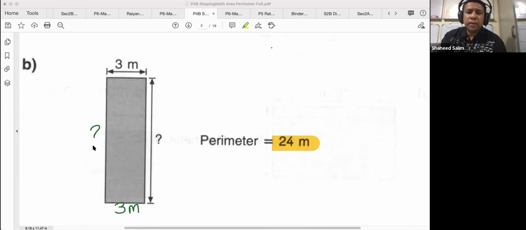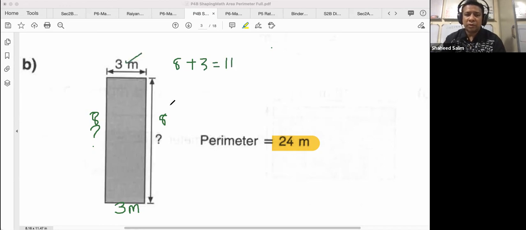Okay, Putra says it's 8. Is he correct? Let's see whether he's correct now. He says 8. I'm going to write 8 down here because he said both of these are 8. I will add them up. 8 plus 3, how much do you get, Putra? 8 plus 3 is 11, right?